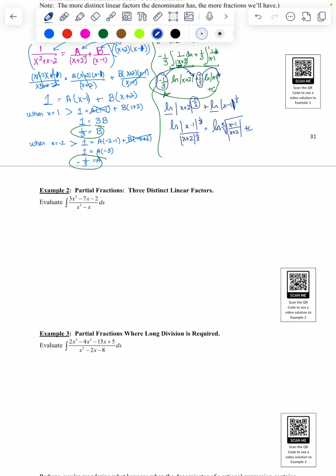So in this next problem, we have 3 distinct linear factors. Okay, so again, this is Bobo. Bobo should tell you linear partial fraction decomposition, PFD.